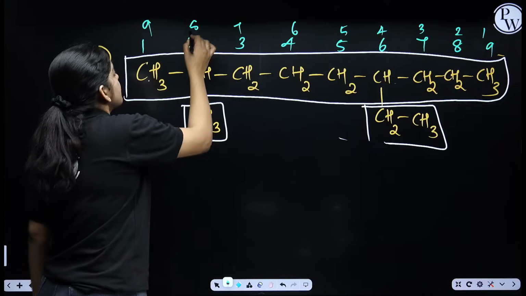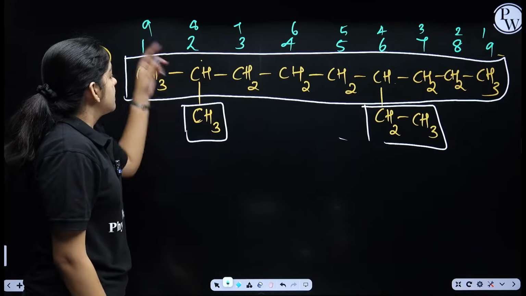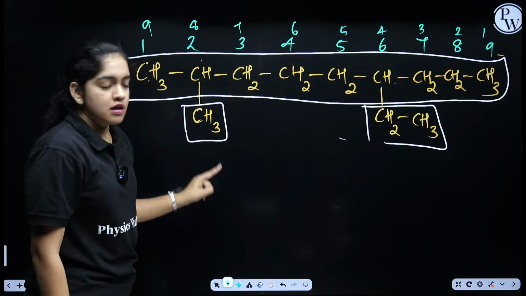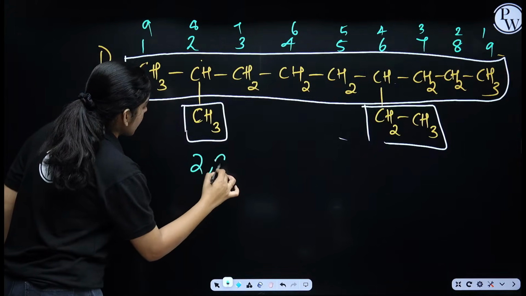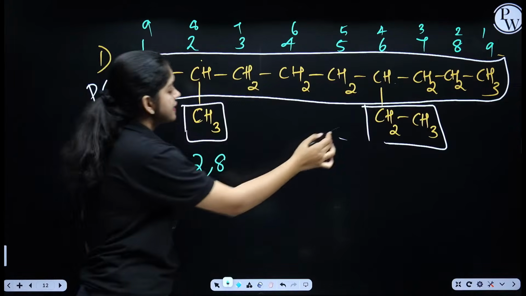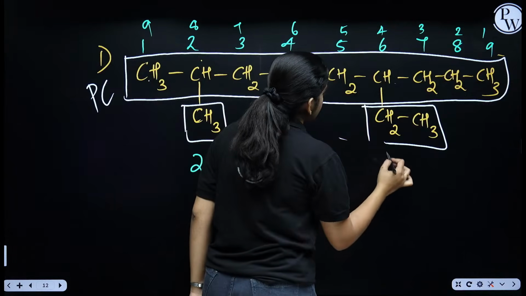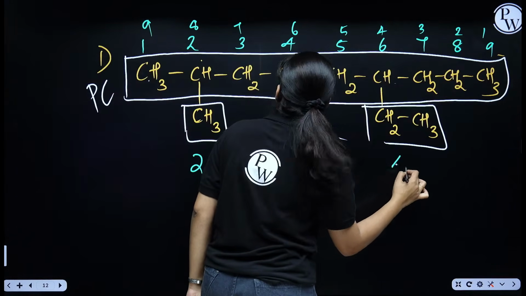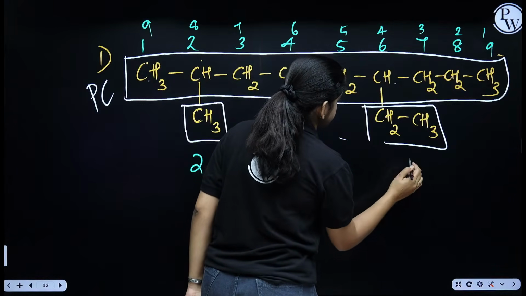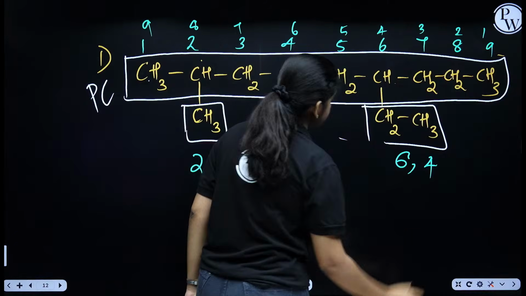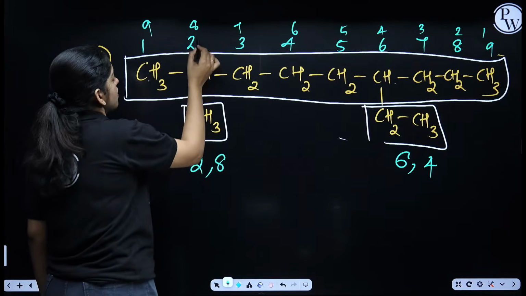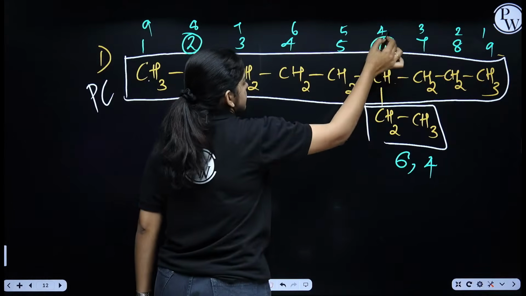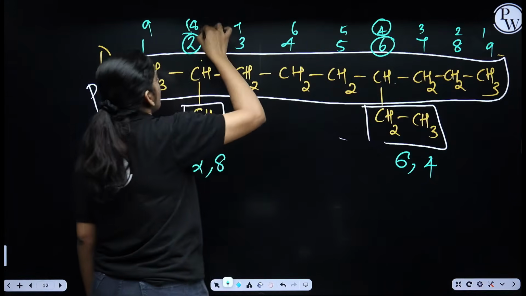Now look at the numbers for the branches. The first branch got 2 and 8. The other branch got 4 and 6. So which should we choose? The first way we got 2, 6. The opposite way we got 4, 8.